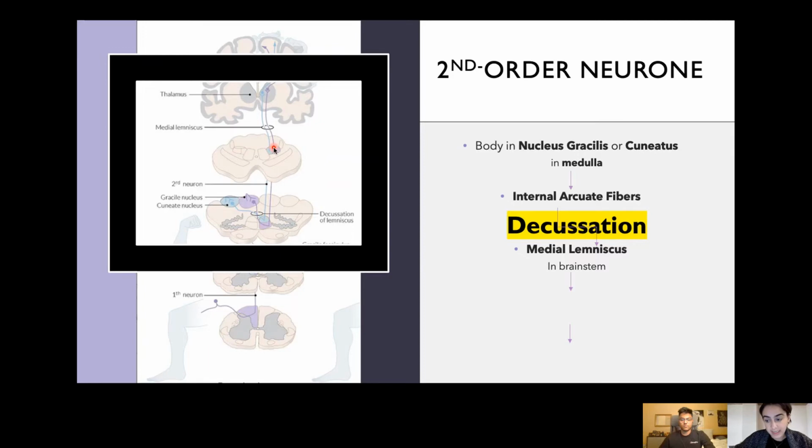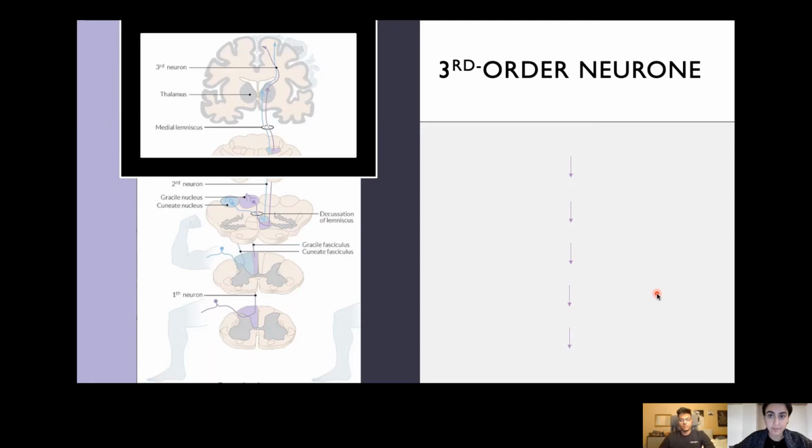They will ascend in this structure up to the thalamus. And which part of the thalamus? The ventral posterior lateral nucleus, VPLN for short. And there, this is where they end up, and they will finally synapse with the third order neurons. So remember, decussation, medial lemniscus, and ventral posterior lateral nucleus.